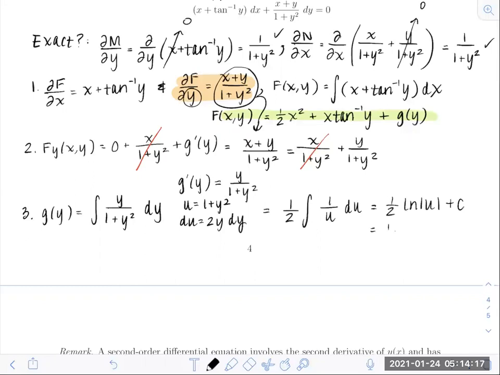And then resubstituting for u, I have 1 plus y squared. Now, technically speaking, we know that 1 plus y squared is going to be a positive number, so you could drop the absolute values if you wanted.